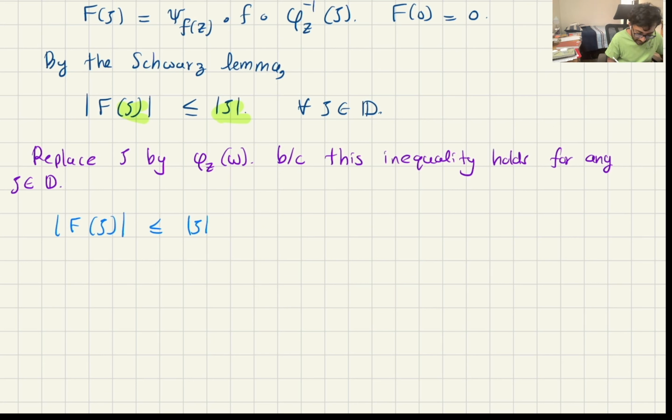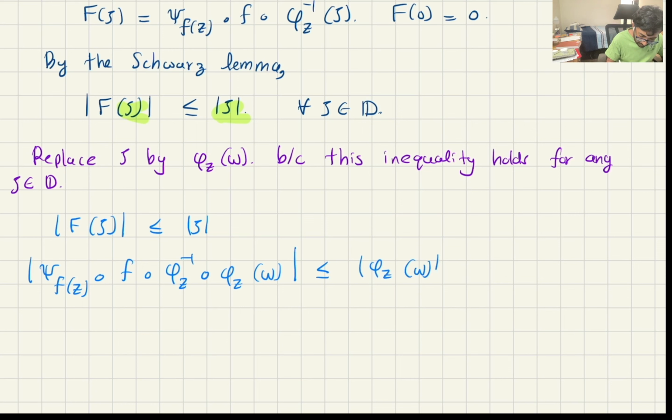Now I would replace theta by phi ZW. So what is my capital F? That is phi of fz compose F compose phi Z inverse compose, now instead of theta, I would plug phi Z of W, less than or equal to modulus of phi Z of W.